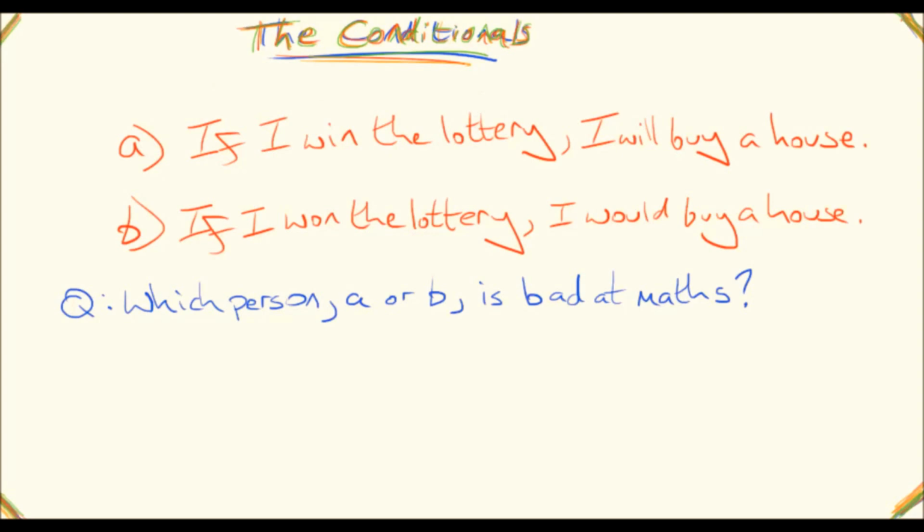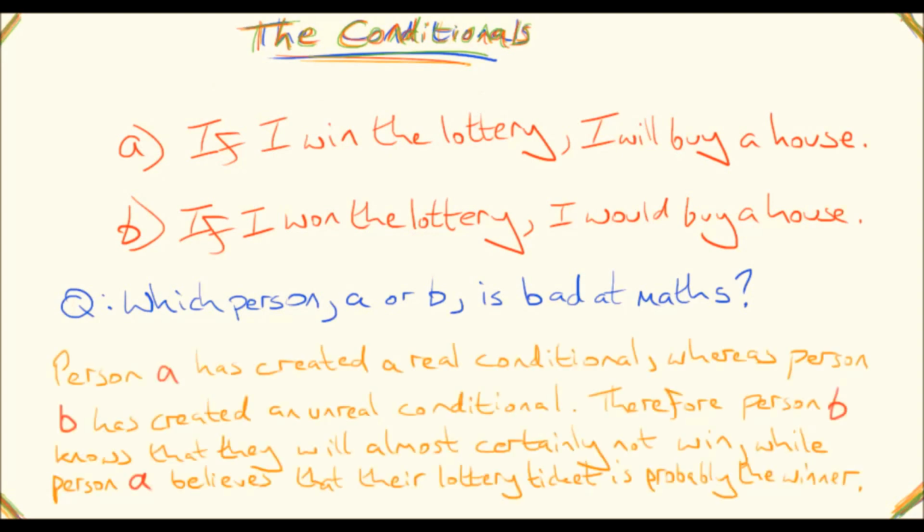Let me just bring this explanation up as well. Person A has created a real conditional, whereas person B has created an unreal conditional. Therefore, person B knows that they will almost certainly not win, while person A believes that their lottery ticket is probably the winner.